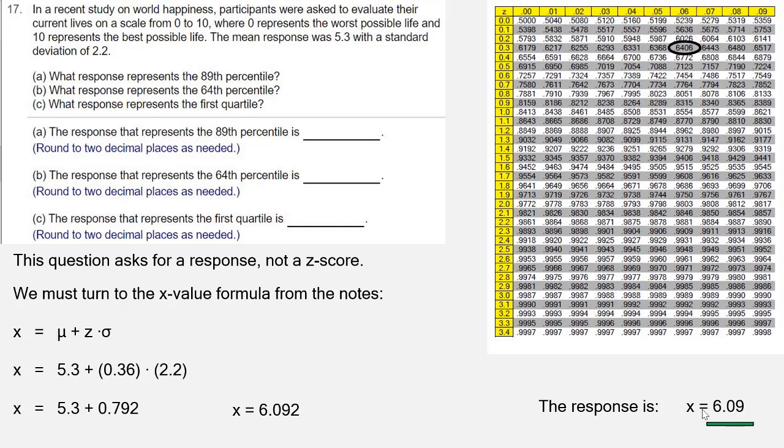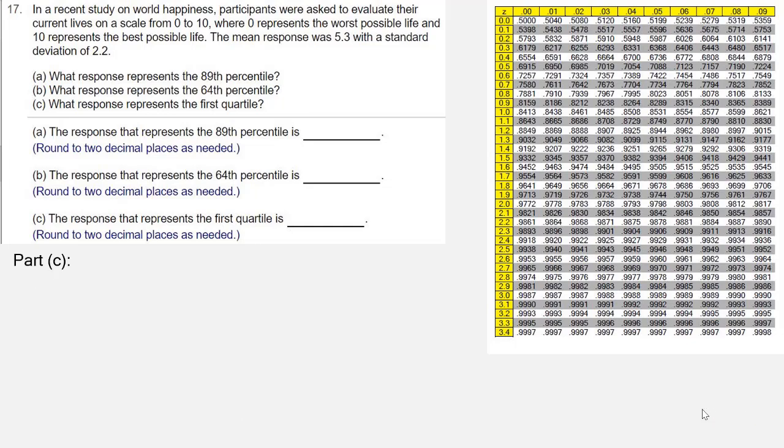Lastly, in part C, we're finding the first quartile. Remember that the first quartile is the same as the 25th percentile. So that means we're looking for an area of 0.25 to the left of our z-score. Since the table has 4 decimal place accuracy, we'll look for 0.2500 on the table.